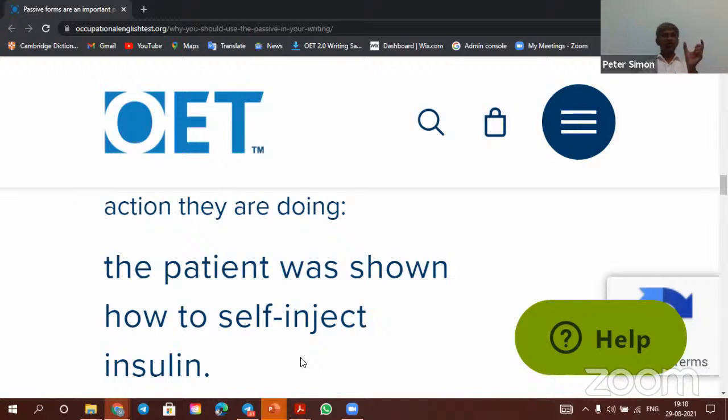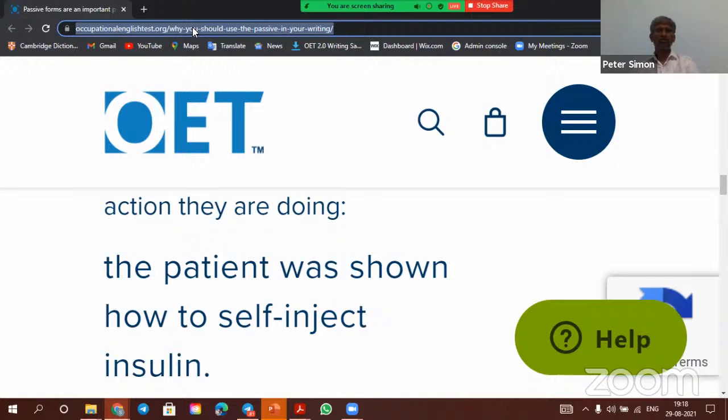Education was provided to self-inject insulin. That's still awesome, even more than this. Education regarding self-injecting insulin was provided. Okay. Anyway, you can write. So this is another.